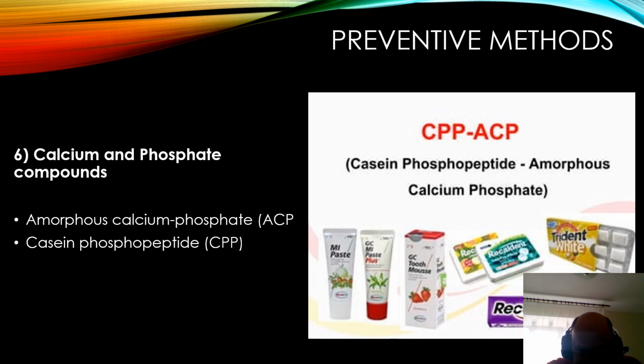A very useful way to prevent caries is using calcium and phosphate compounds. The amorphous calcium phosphate and casein phosphopeptide. They are shown here, products of GC company, a Japanese company, Tooth Mousse and MI Paste.